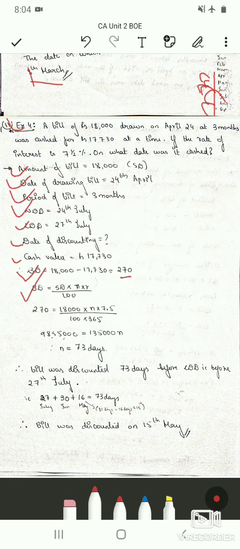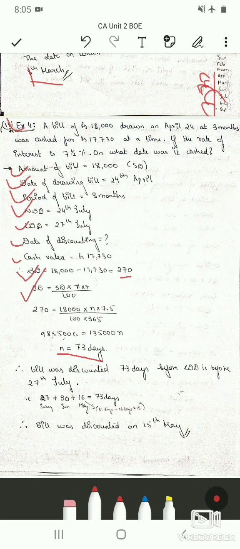So it is 270 equal to 18,000 into n into 7.5, divided by 100 into 365. So when you solve for n, you will get n as 73 days. So the bill was discounted 73 days before the legal due date, that is before 27th July.